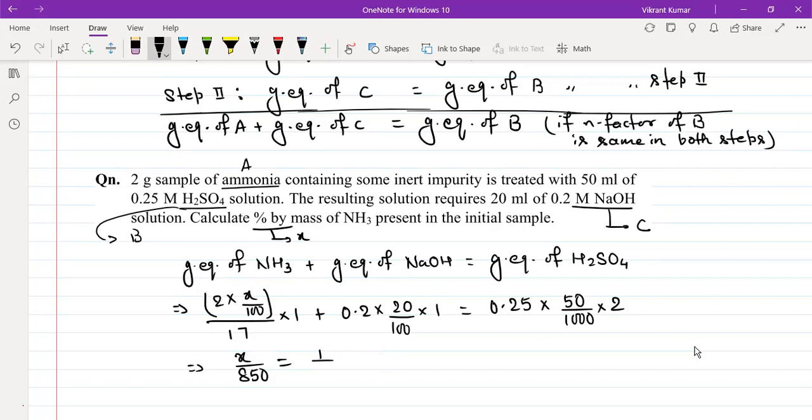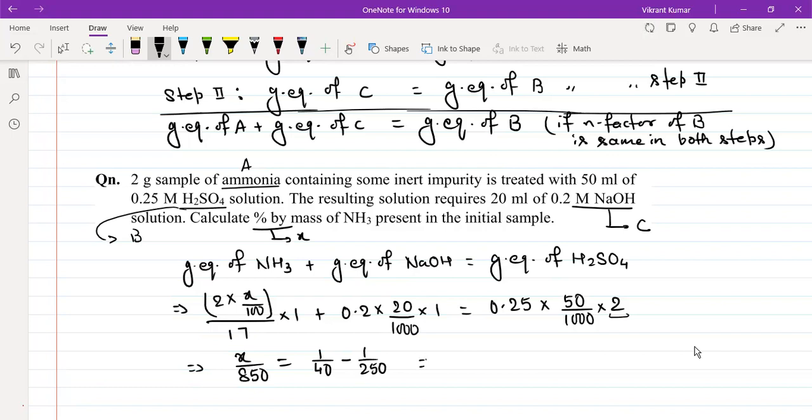This is 1 by 40. ऐसा कैसे हो गया? कैलकुलेशन लेट मी चेक. 0.5. अच्छा ये 2 तो छूट ही गया. हाँ 40 तो है. दिस इज 0.2 into 20 by 1000 ना. 100 लिखा हुआ है. तो दिस इज minus, this is 50 and 5 250.